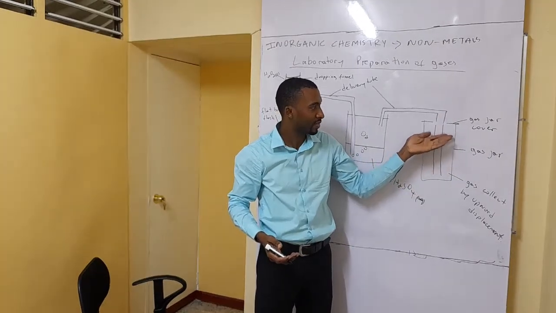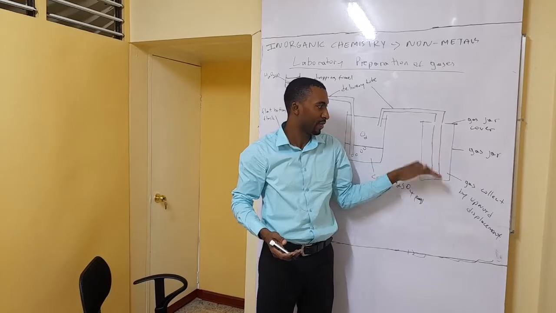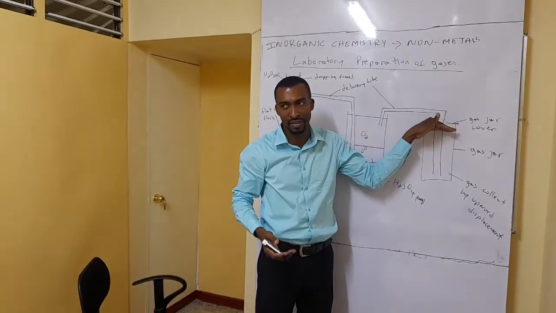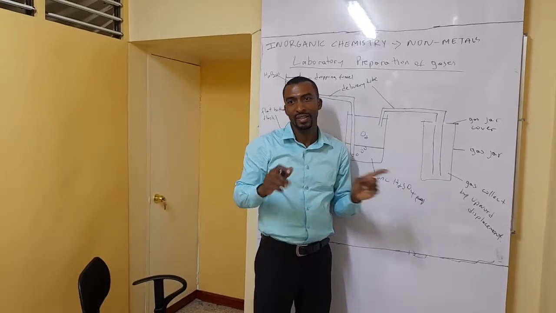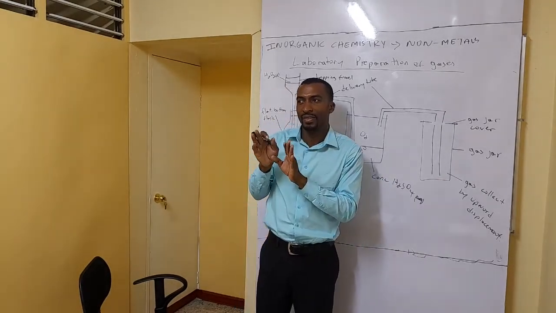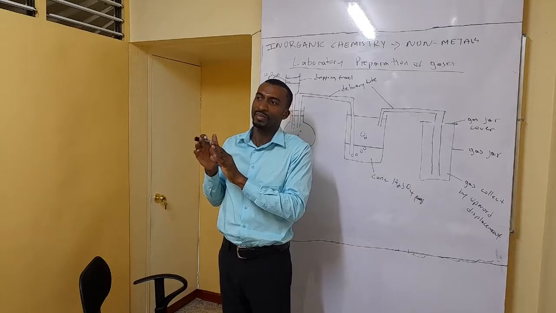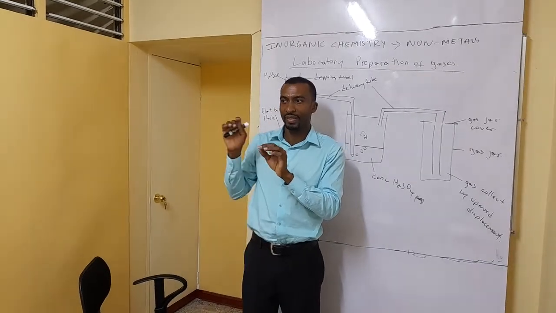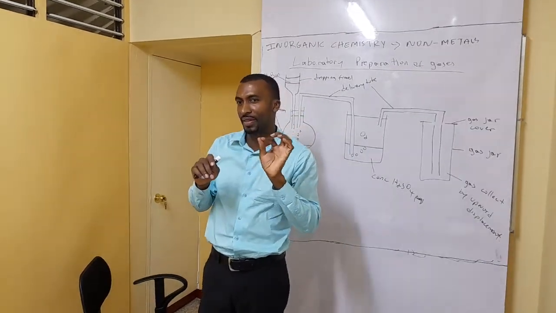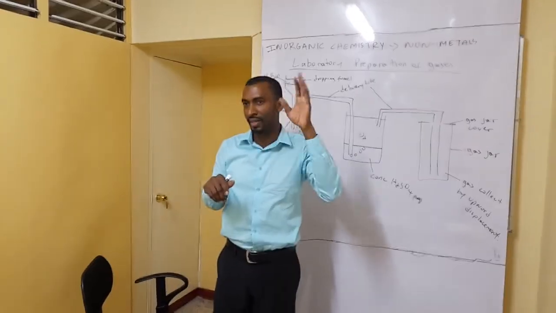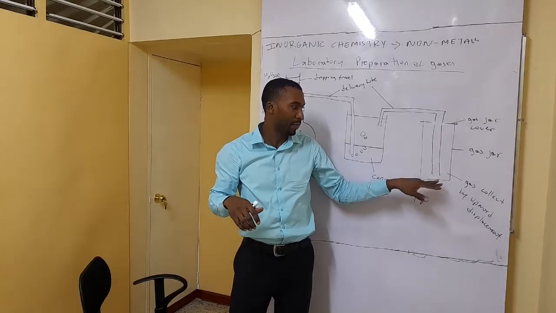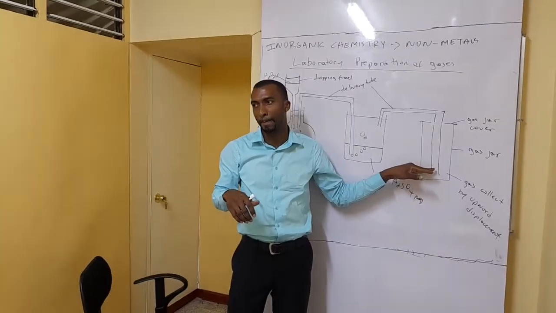All the oxygen and the nitrogen will escape until this is full with carbon dioxide. Likewise, oxygen is slightly denser than air, because remember that oxygen is 32 and the major component of air is nitrogen, which is 28. So it will also displace all the nitrogen from the jar and leave pure oxygen inside here. Alright?